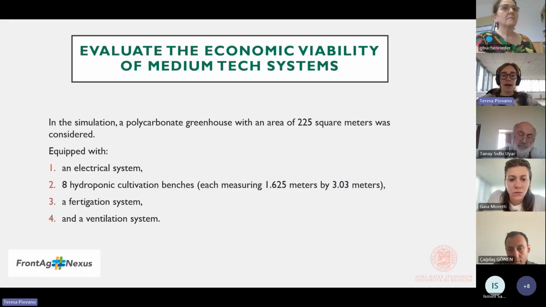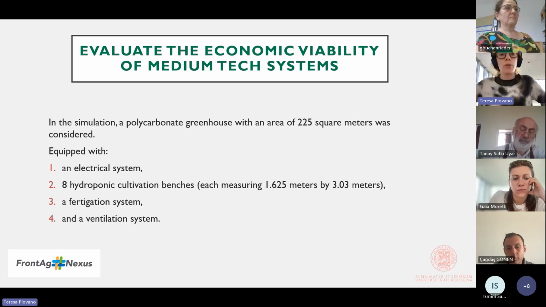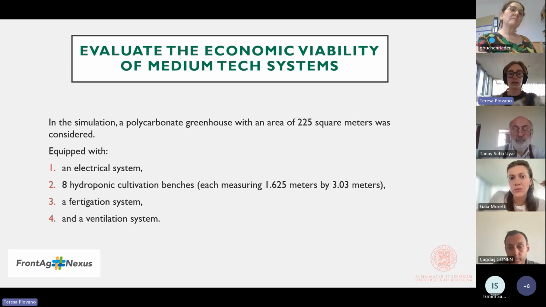So I created a simulation of a polycarbonate greenhouse of 225 square meters that was equipped with an electrical system, a fertigation system, a ventilation system, and 8 hydroponic cultivation benches, each measuring 1.6 meters by 3 meters.